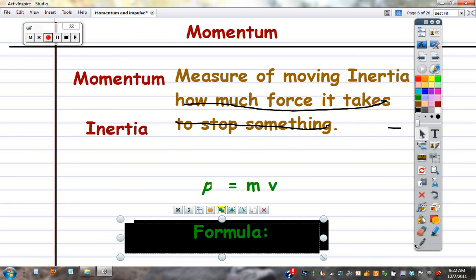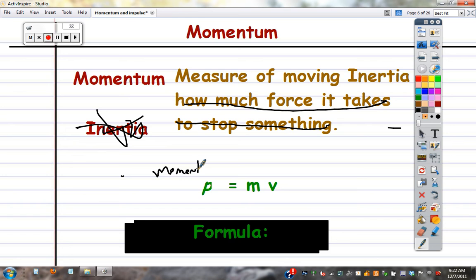Alright, momentum, there's your formula. And the letter P, we'll just ignore this. The letter P, M was already taken for mass, so we use P because of the pre-spelling. So momentum equals mass times velocity. Okay, inertia is related to mass.